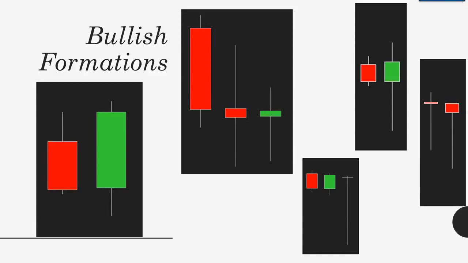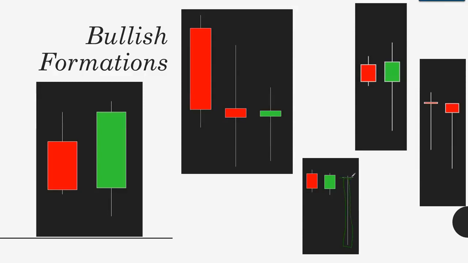All three of these formations, this one, and this one, are actually indicating exactly the same thing, in that they first open, this is your open right here, they push it down, but then buyers come in and they push it right back up.